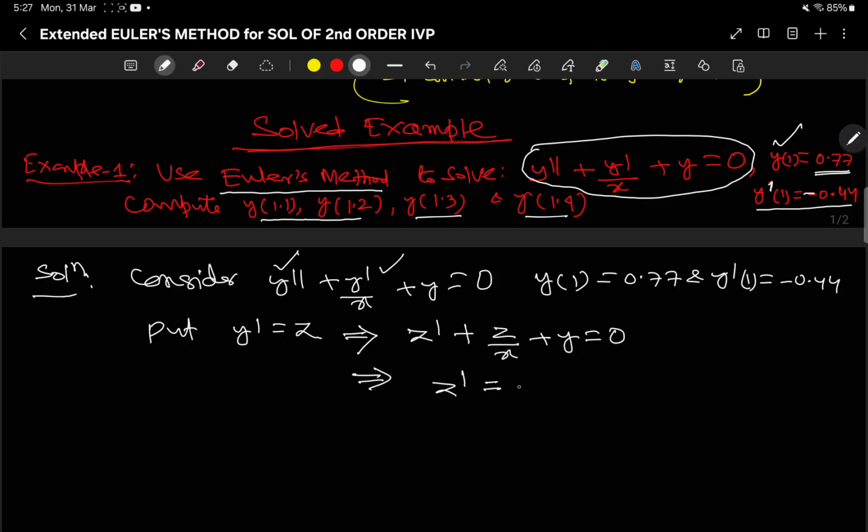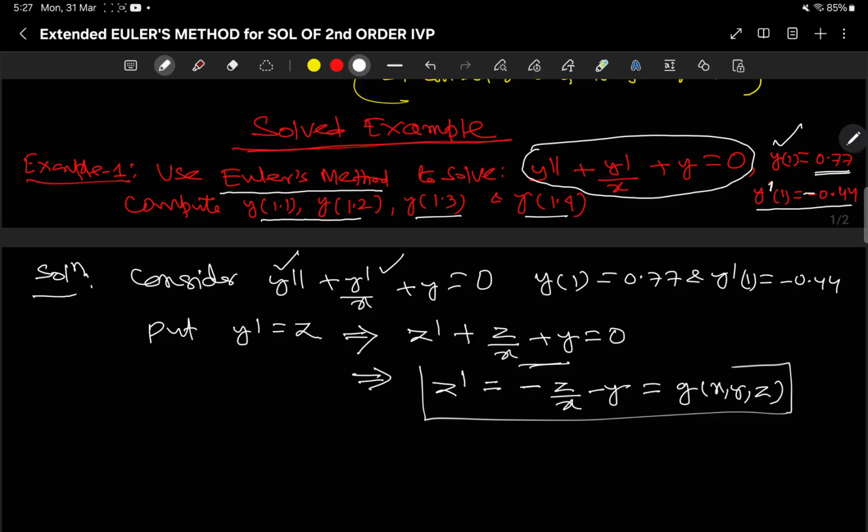So what is z'? Bringing this to the right hand side, it is minus z/x minus y, and it is my g(x, y, z). And this is my f(x, y, z), isn't it? So here you see the initial point is 1.